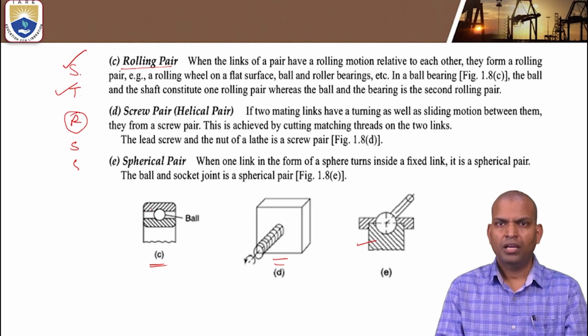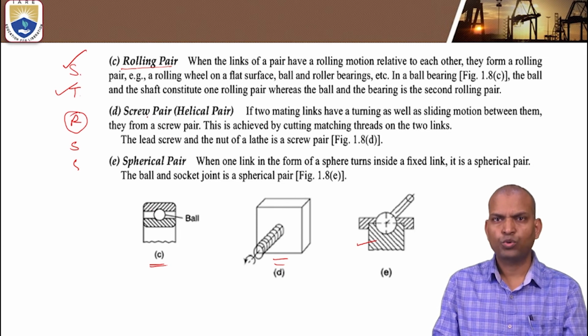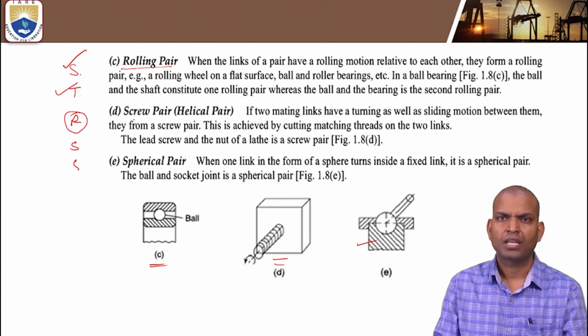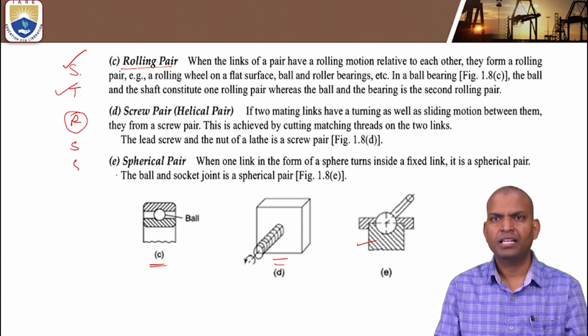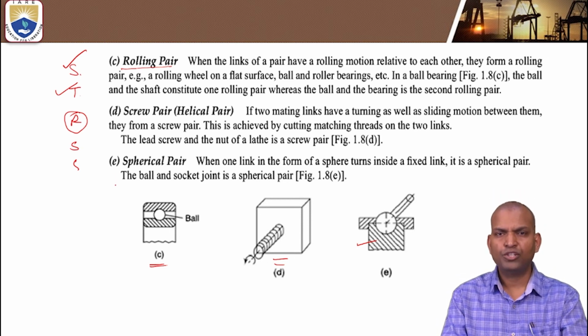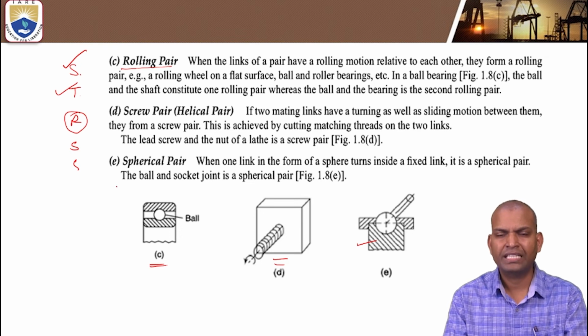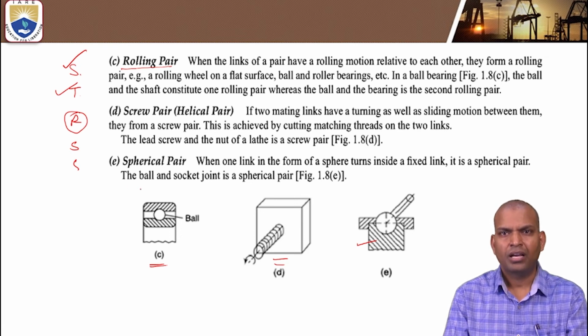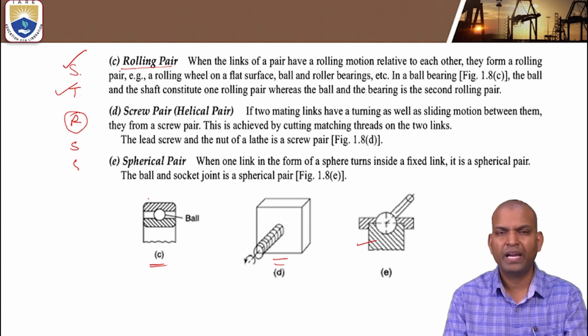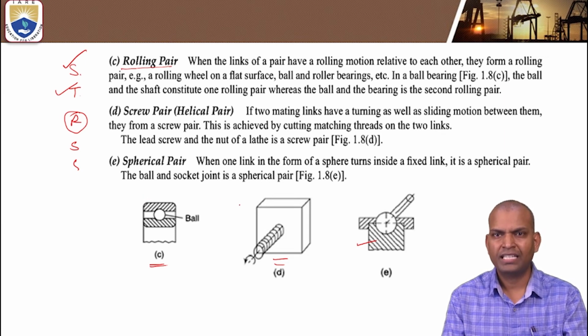Okay. Now fourth one is screw pair or helical pair. The screw pair or helical pair, if two mating parts or the relative motion between the two links is turning motion or sliding. It should have both the two things. One is a turning, there are two motion, turning and sliding will be taken place.